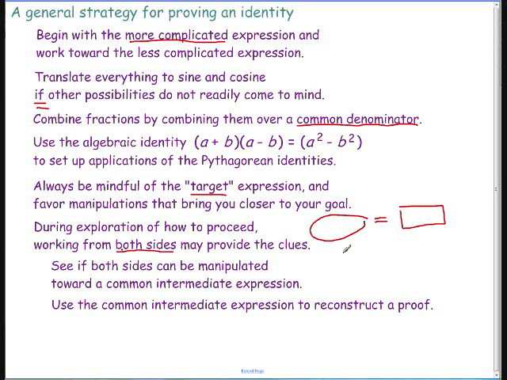Well, I think we did practice this. You could work down until you find something that is common here. So keep going until you get something that they share, and then you can link them in this way and go back in the opposite direction.